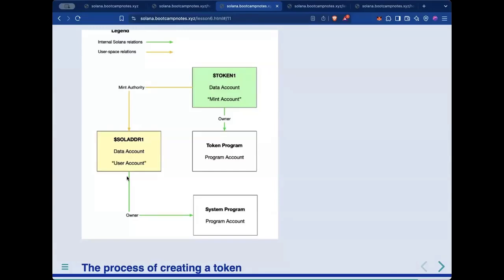So if you created your cat token and then you're going to send some of these tokens to Alice and to Bob, what will happen is that you'll need to create a special account. First of all, you create a general account for the cat token, and then you create special accounts for Alice for that particular token. So there will be an account for Alice for the cat token, and there'll be an account for Bob for the cat token. And within those accounts, it will specify the number of tokens that they each have.